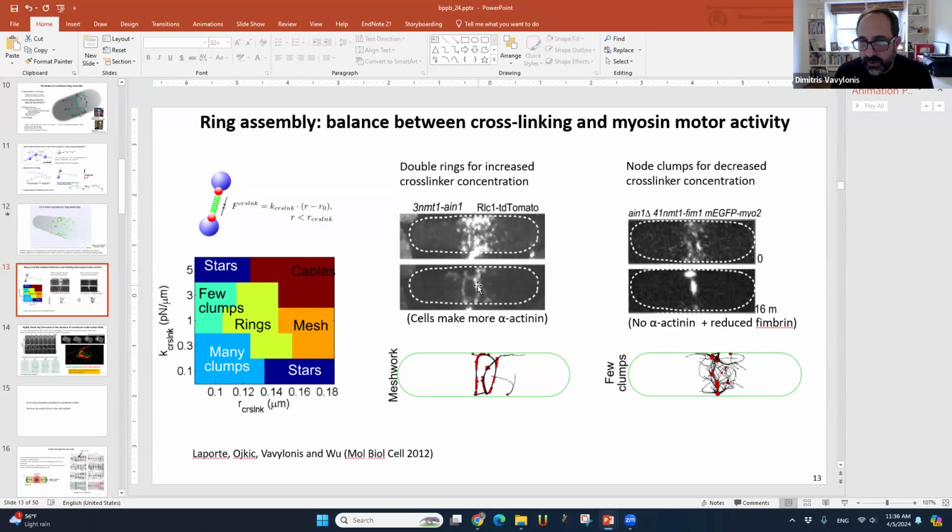We don't have a good understanding, at least in these cells, of how the physical aspects of these cross-linkers play a role. And in the model, they are just approximated with effective parameters that represent the binding and unbinding of many of them over time.